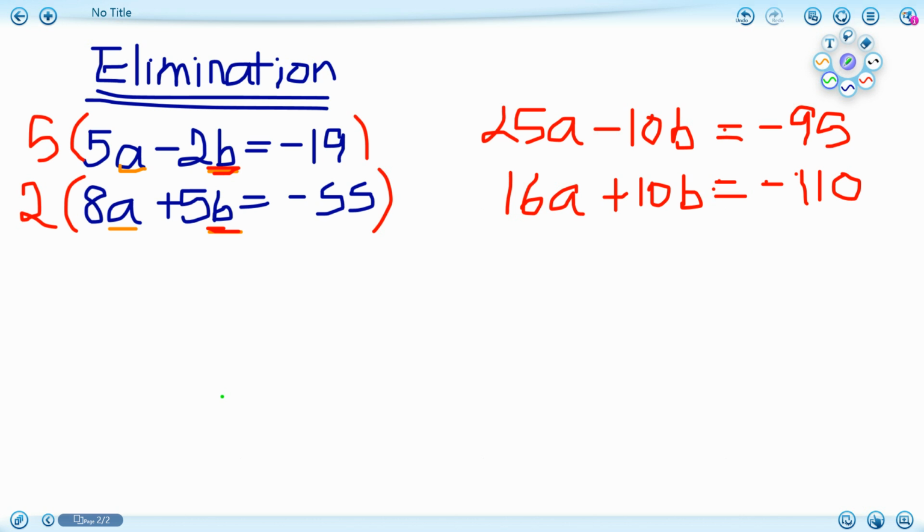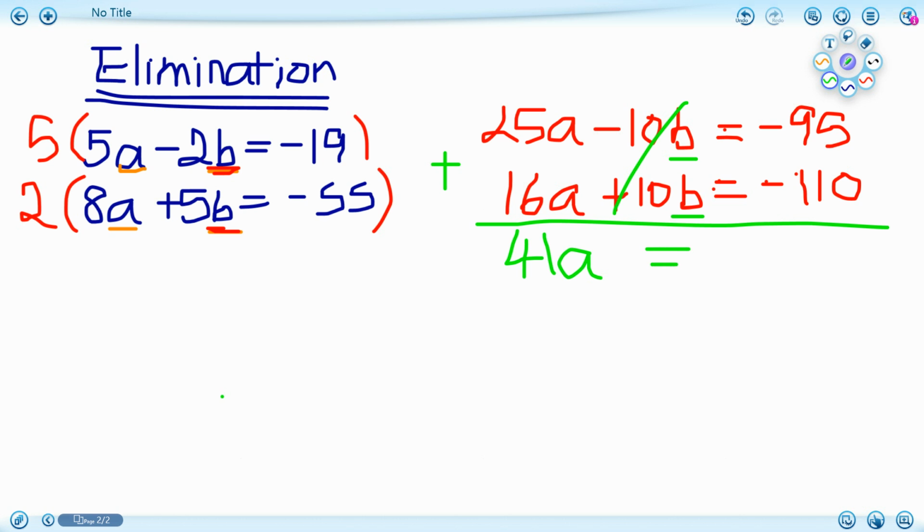Once I get here, I know that the numbers in front of the b's match up, so I know I'm going to add. When I add, these are going to eliminate. These are going to go away. So when I add top and bottom, I'm going to just go in order. When I add 25 and 16, I get 41a. Negative 10 plus positive 10 goes away. The equal sign comes down.